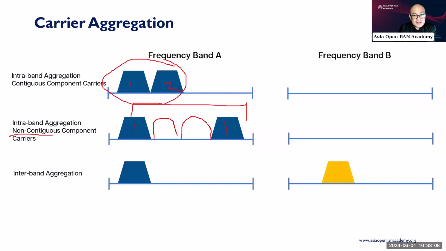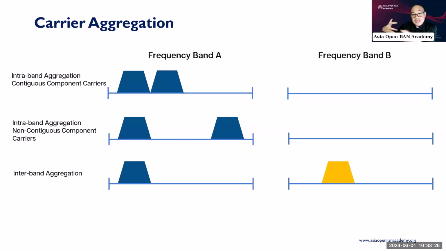Pwede. We call it the interband aggregation. Okay, so nakikita natin yan sa mga LTE na may 900, 700, 850, 2100, 3500, 2600, no, 2300, that operators are combining it, no, using the feature of interband aggregation.